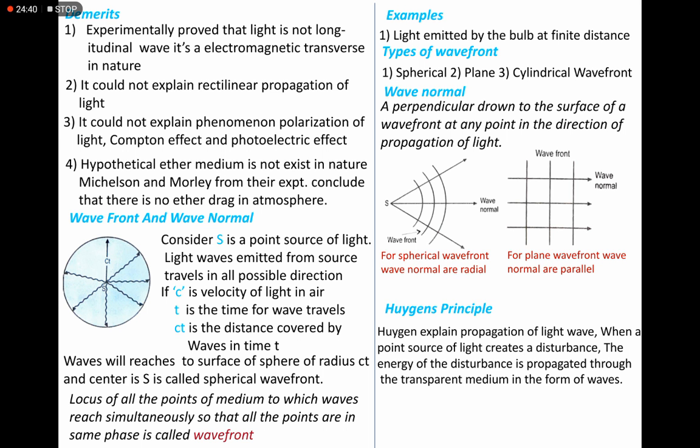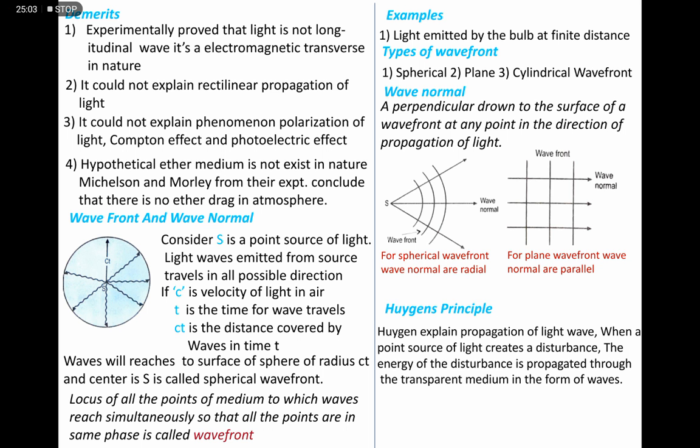Actually, light is energy, and this energy passes through the medium from one place to another. So this disturbance is propagated through the transparent medium in the form of waves.